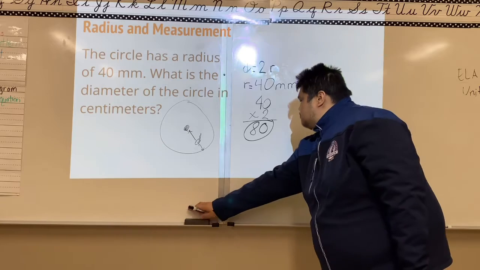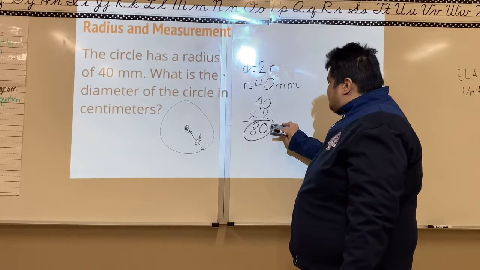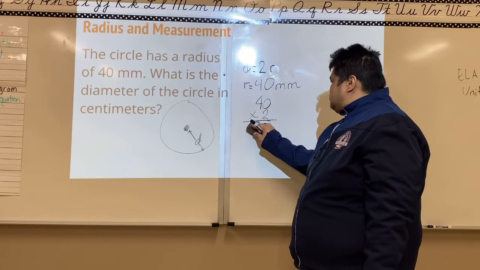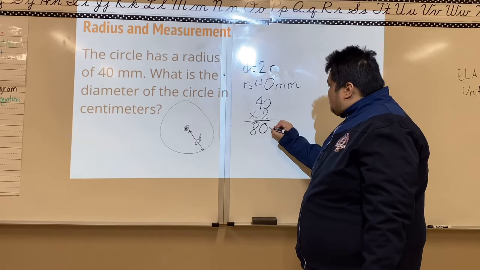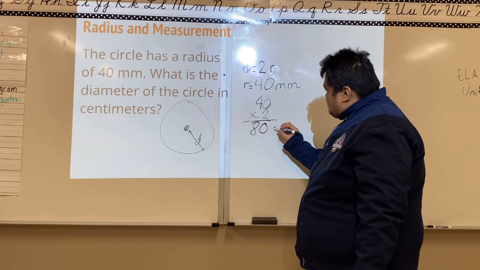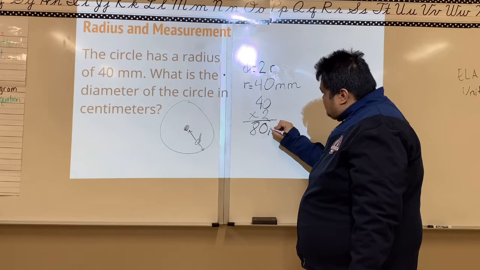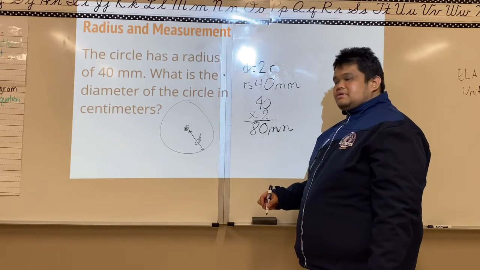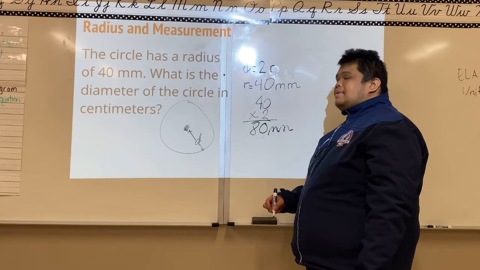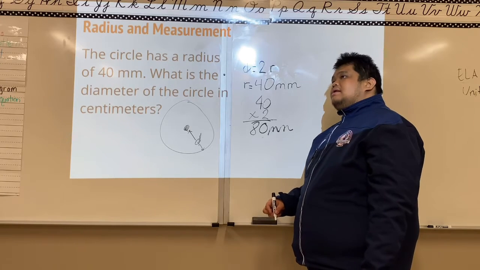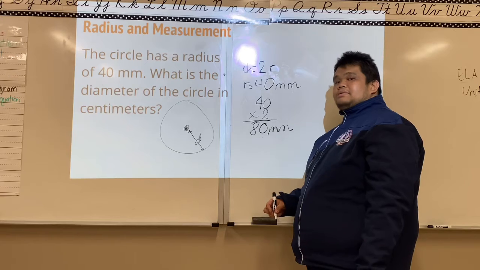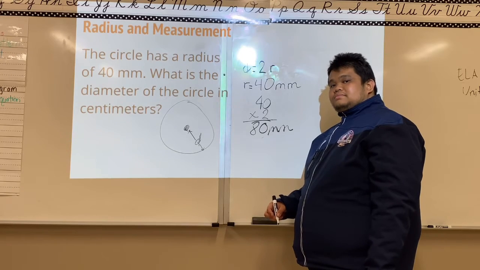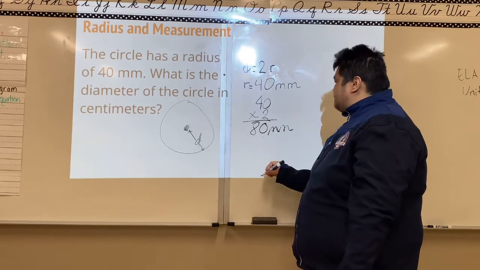Let me erase this circle to avoid confusion. Millimeters. Let me put millimeters. We are going to convert it into centimeters. Now, class, how many millimeters are there in a centimeter? Yep, you got it right. 10.